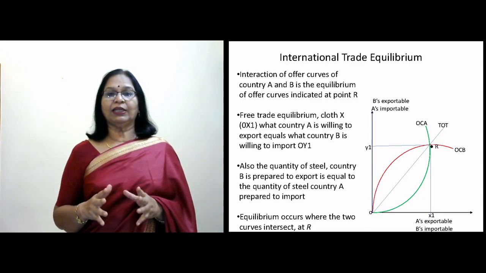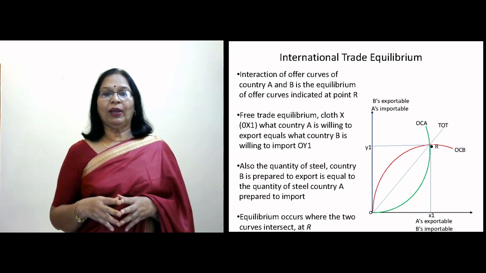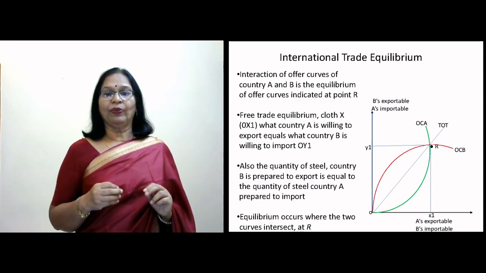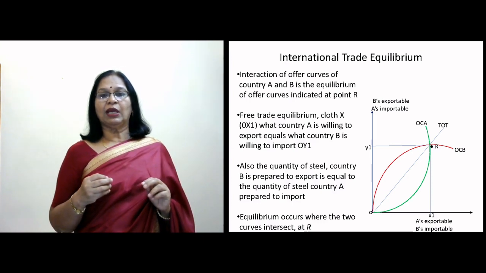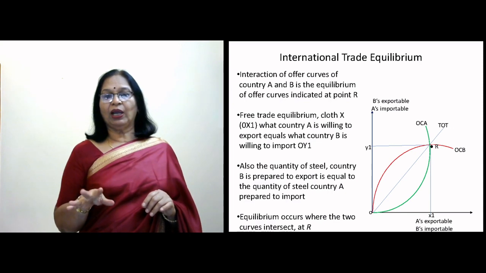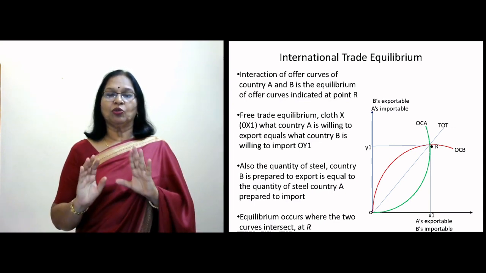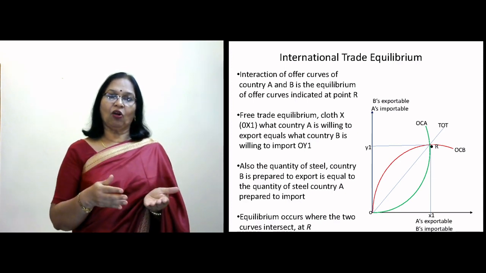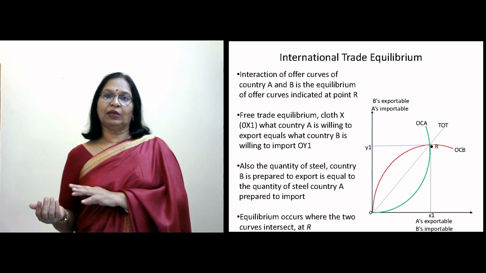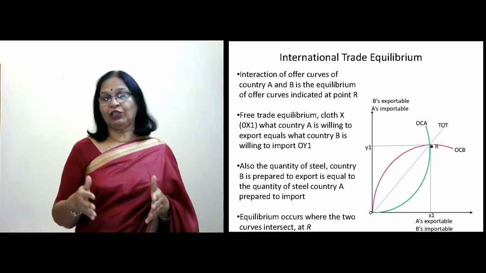So here we say that the free trade equilibrium will happen at point R, where the country is willing to offer Y1 units of exportable goods, which A accepts as its importable, and OX1 is the quantity of A's exportable and B's importable. So both countries, whatever they are offering, is acceptable to the other country in terms of export and import. So that is a condition of perfect equilibrium.